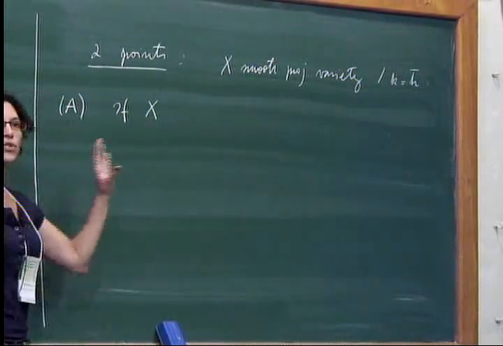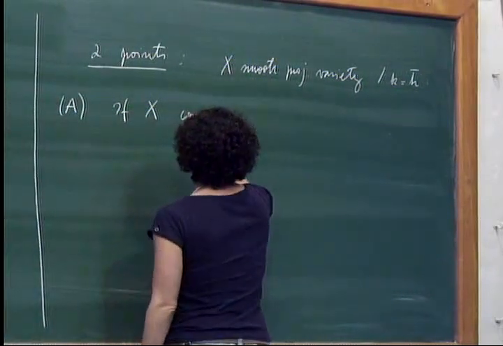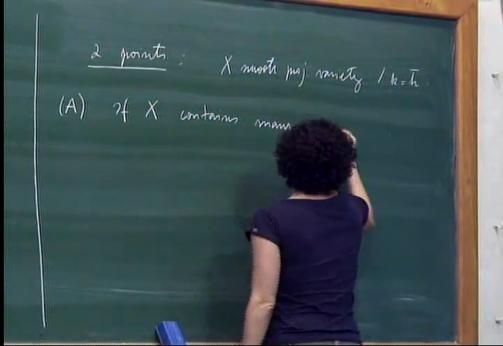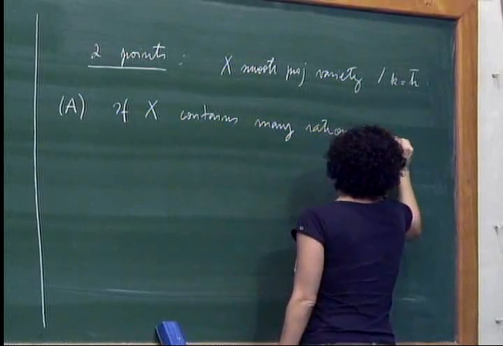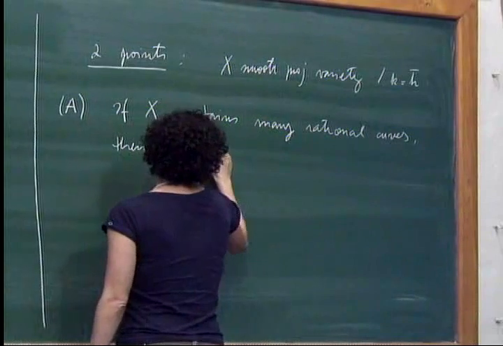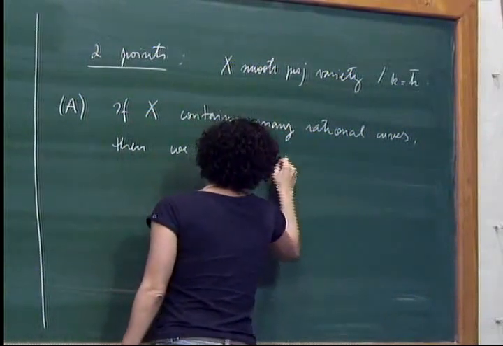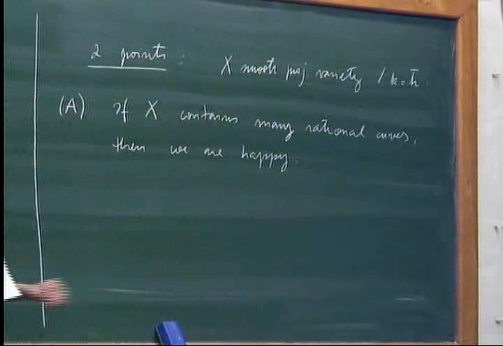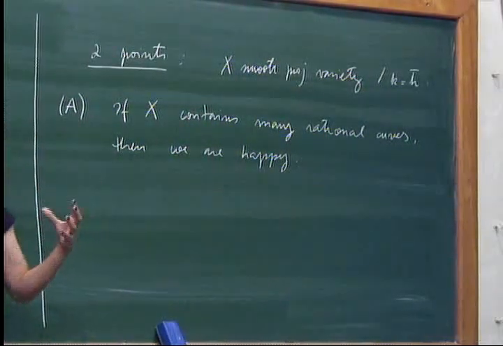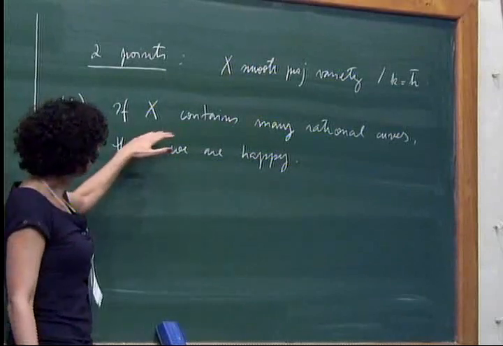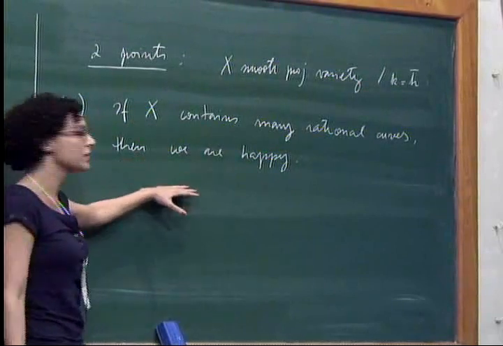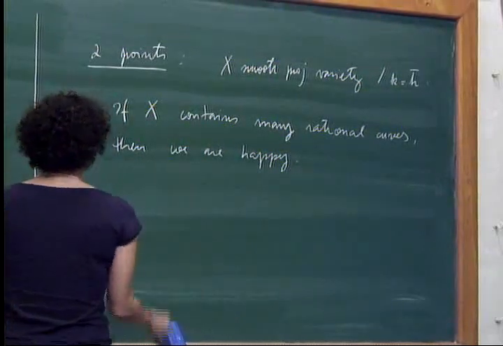The first point that I want to make is that if X contains many rational curves, then we are happy. This is because there is a very well developed theory of rational curves on varieties that allows us to say a lot about the variety X by studying those rational curves.